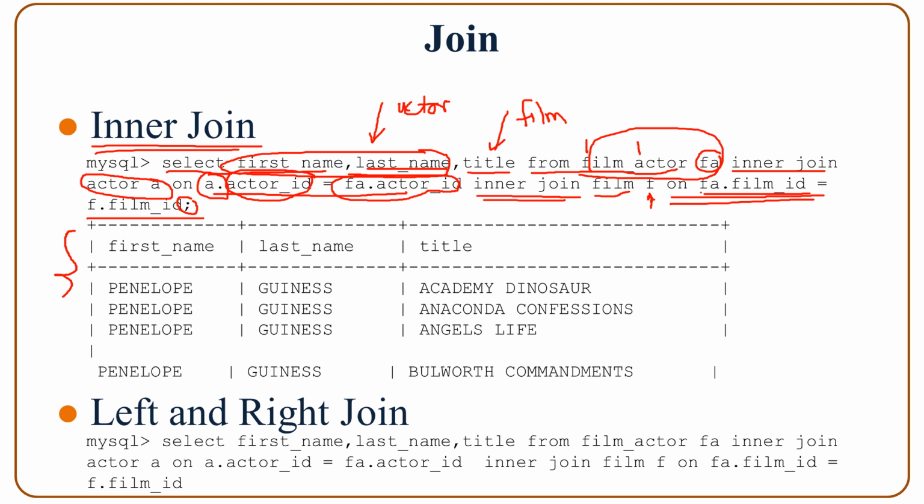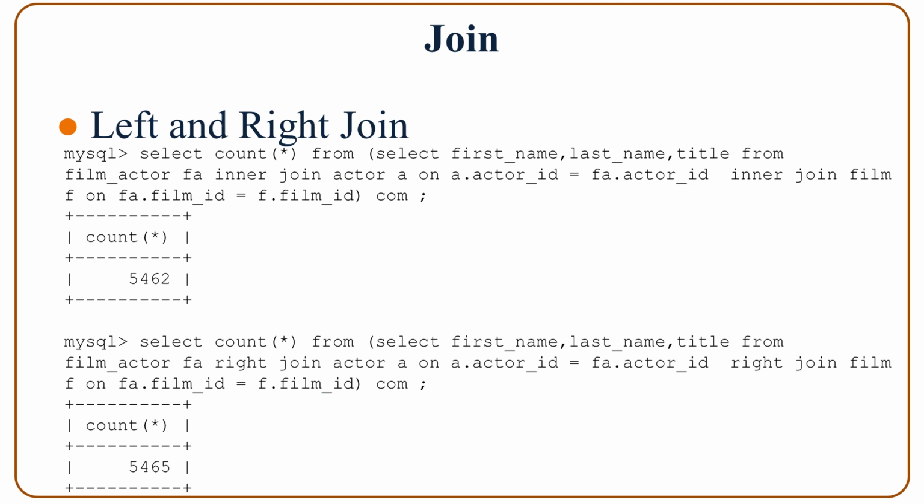Next, we talked about the left and right join. So if you say select count star, select count star allows you to count how many records you have from a table or even from a select statement. So here, this is a case that I want to see how many records I have from the inner join statement.